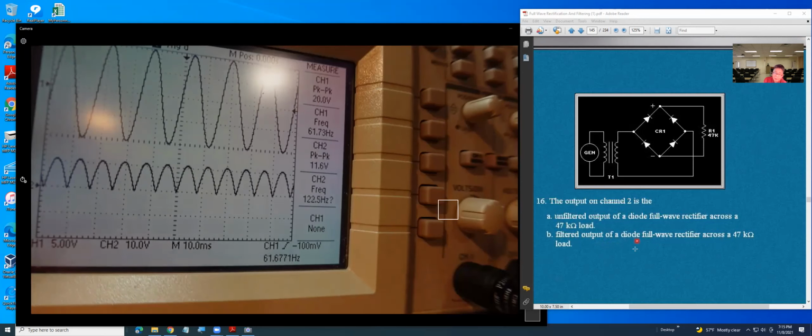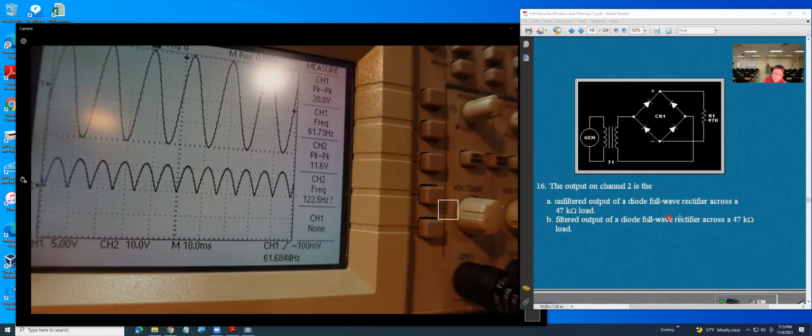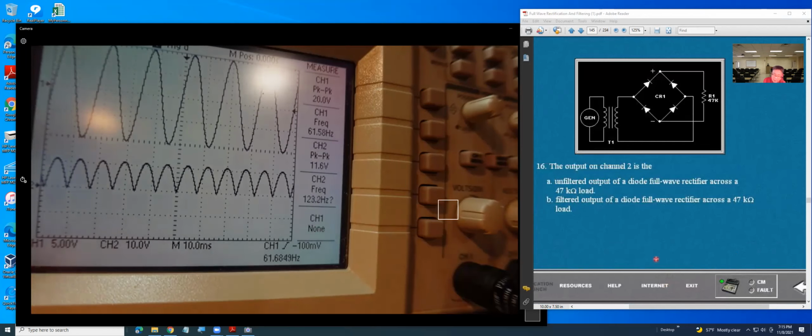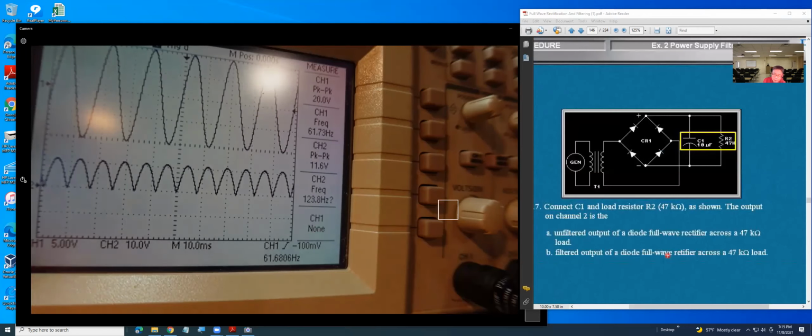So if you're looking into that one, the answer will be which one? It doesn't have a capacitor, so it's unfiltered. Is that A? Right, unless they connect a capacitor, they can get a filter.